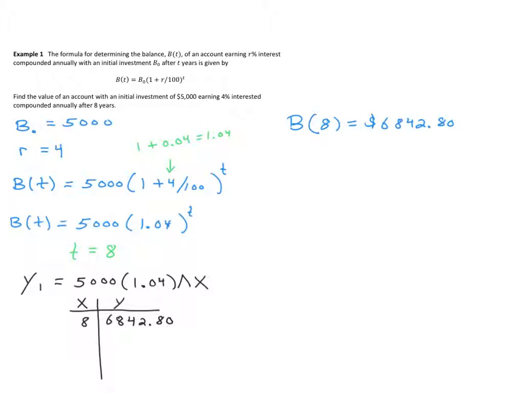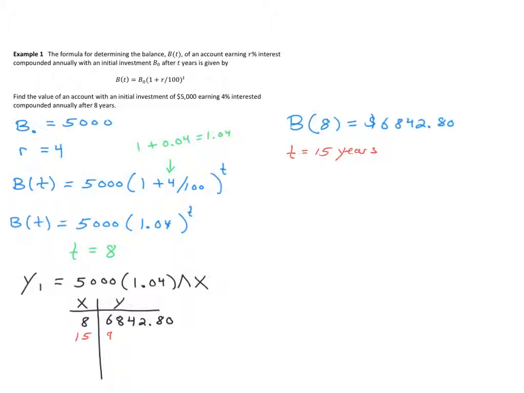For this problem, there was nothing special about me choosing 8 years. Once you have a formula, you can put any value that you want in place of x. So maybe you could even ask the question of, what if I waited a little bit longer? What if I waited for 15 years? I'm expecting the account is going to be a larger value this time, but you can just go to your equation, type in 15.